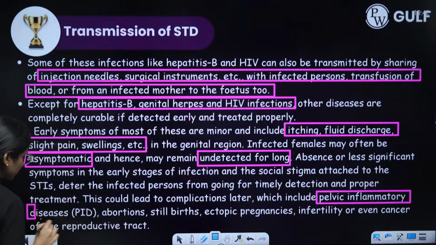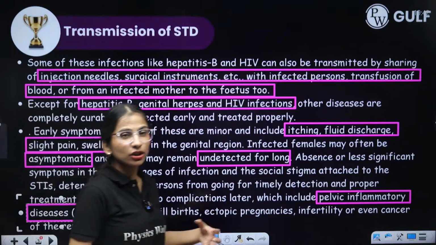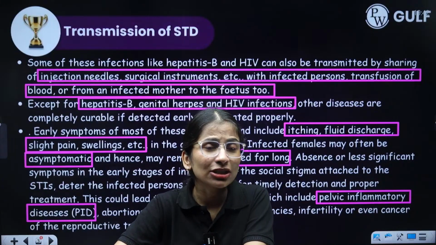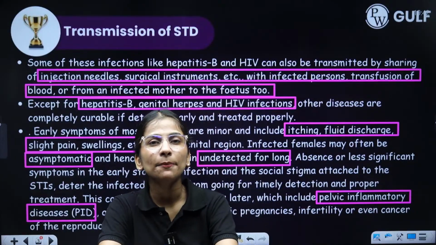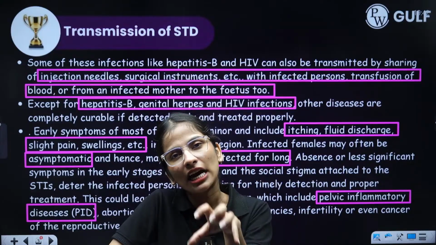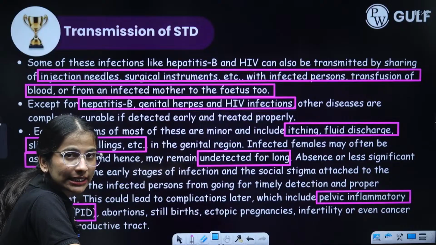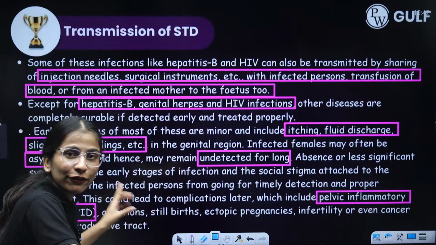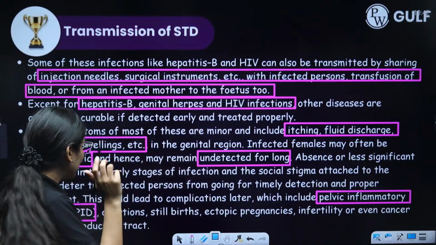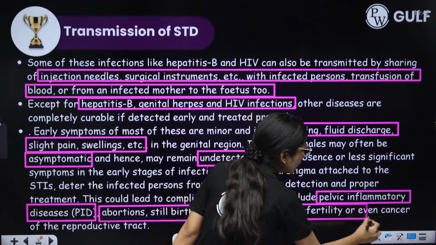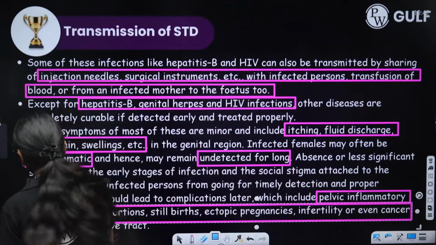The groin region, where our reproductive organs and external genitalia are present, is termed the pelvis. Infection of that pelvis will cause PIDs, pelvic inflammatory diseases. What happens if we get a PID? There will be abortions, stillbirth, ectopic pregnancy, and infertility, or even cancer is possible.